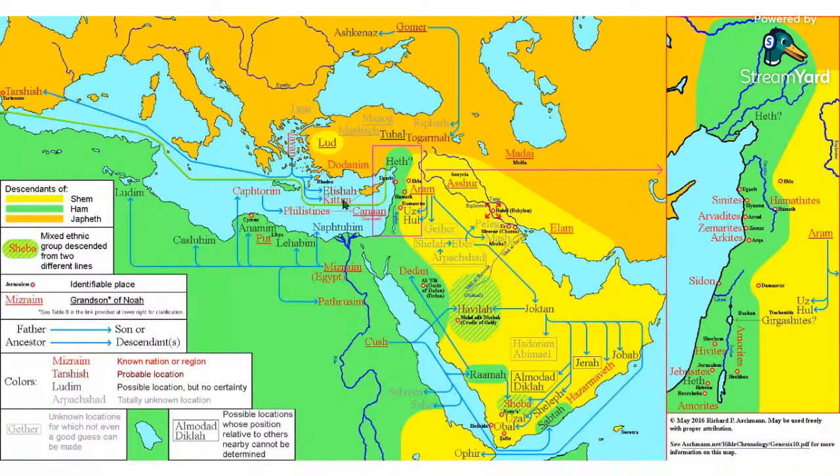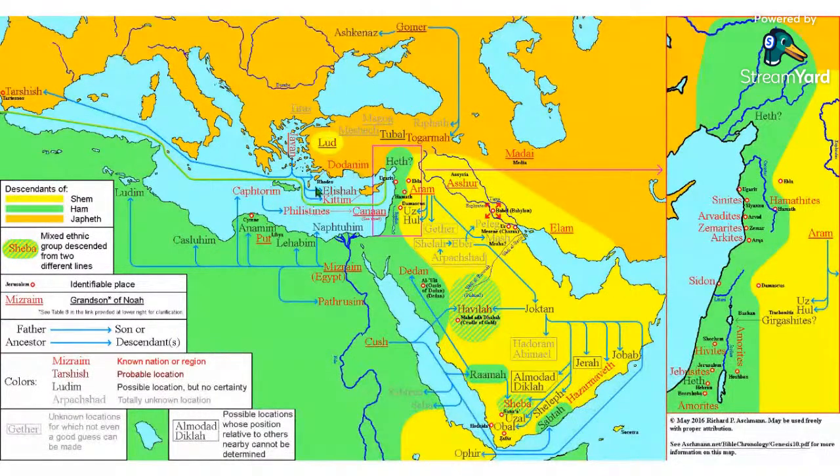And then there's Tiraz, the progenitor or the father of the Thracians. The Thracians are also Greek. Basically, Javan is more of the sea people, Greek, and the Thracians are more of the mainland Greeks.